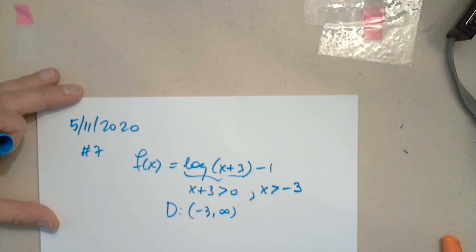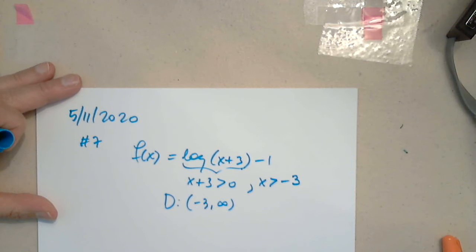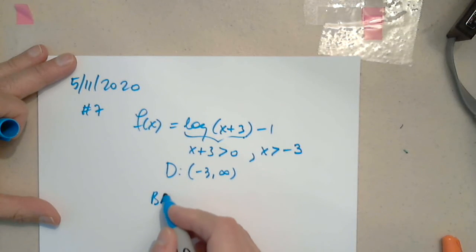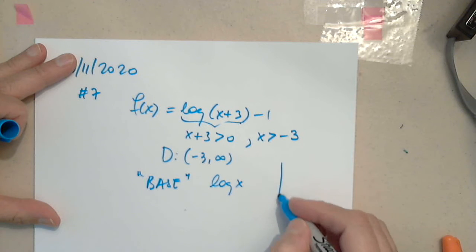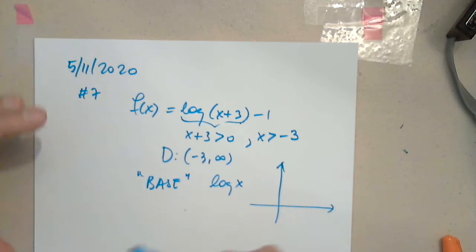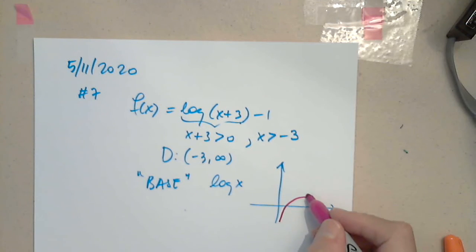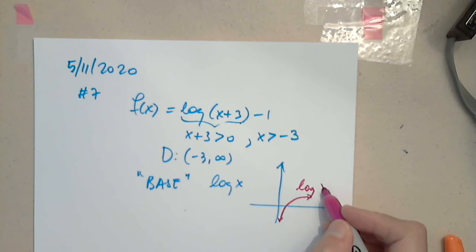Is this okay? Yes. Good. So obviously the base function, not the base of the log, but the base function is log x. And we know the graph because the base is greater than 1, not exponential, but log. The graph looks like this. This is log x.